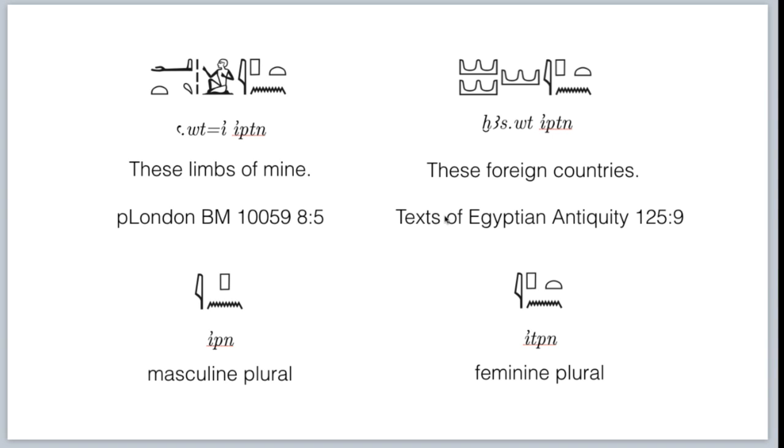So this particular example, you can find it in the text of Egypt Antiquity, page 25, line number 9. All right. So in the masculine plural, it would be ipin. You have the P there, ipin. Plural for feminine, it would be ipten. That should be ipten.